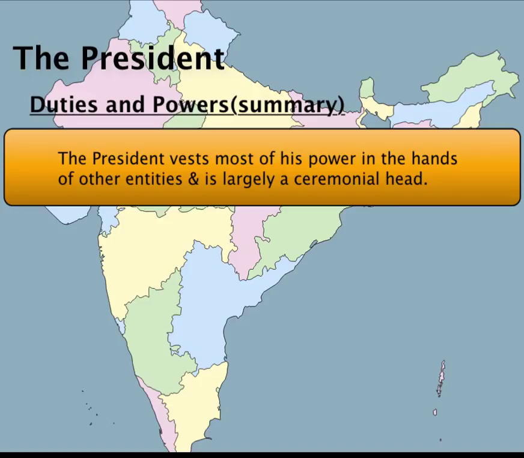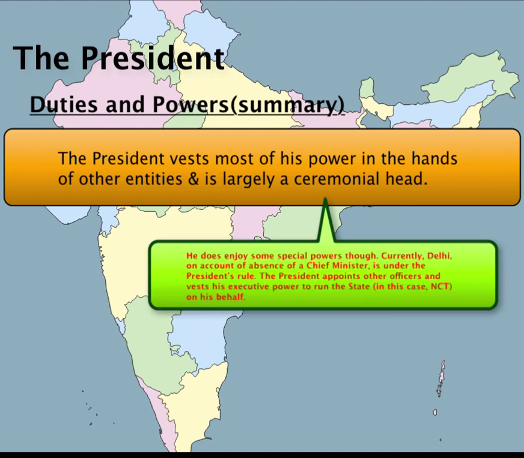There are, of course, some powers that are unique to the President, such as declaring an emergency or pardoning death sentences. And one such unique case is what we see right now in the National Capital Territory of Delhi, that the state is under the rule of the President because there has been a violation and the Constitution cannot operate in the absence of the Chief Minister.